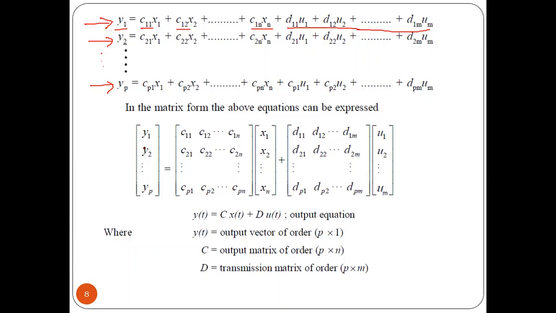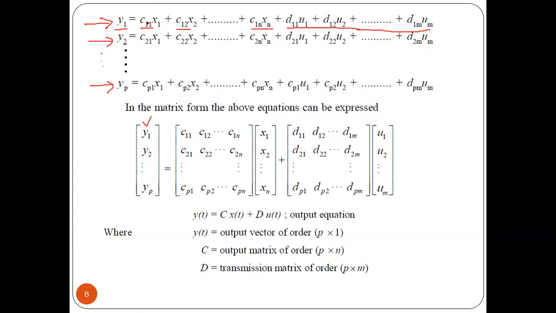We have P number of Y variables, Y1 to YP, as a column matrix. And x1, x2, x3, and so on, xn are common for all the equations, therefore we take them as a column matrix like this.